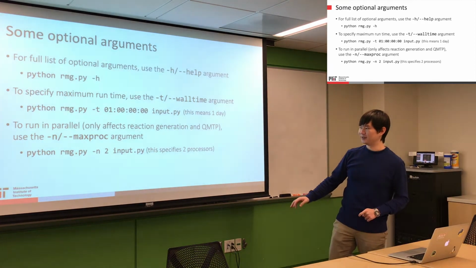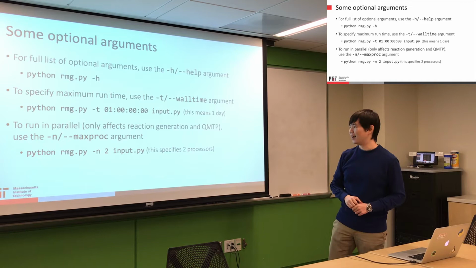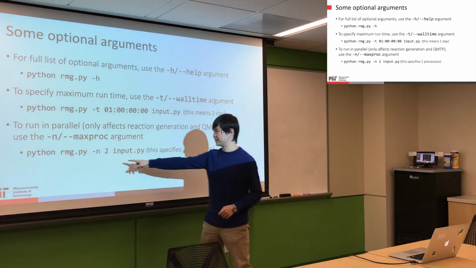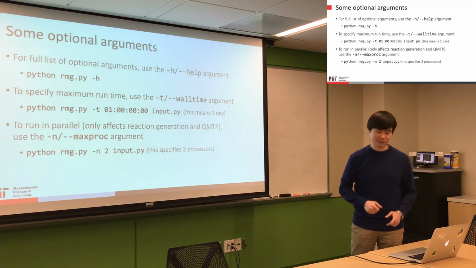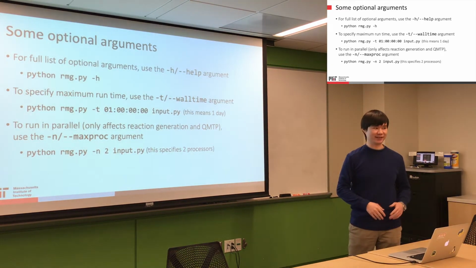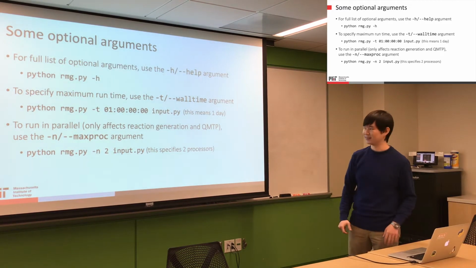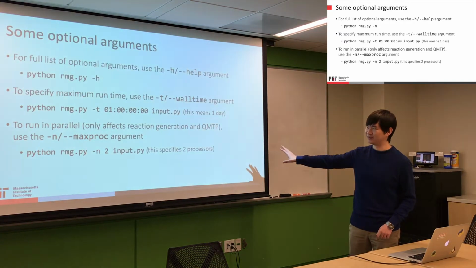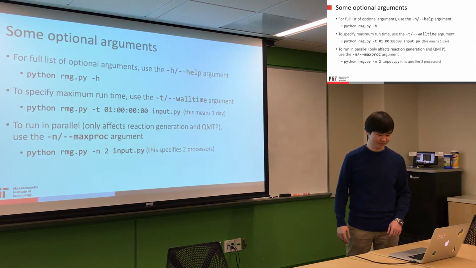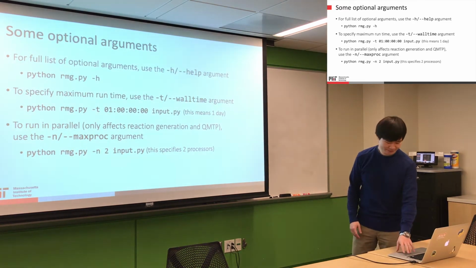To request that, you can add the -n argument and then specify how many processors you want to use. Of course this isn't all the arguments. You can take a look at -h to see everything else that's available. But I think these are what you might typically need to provide.